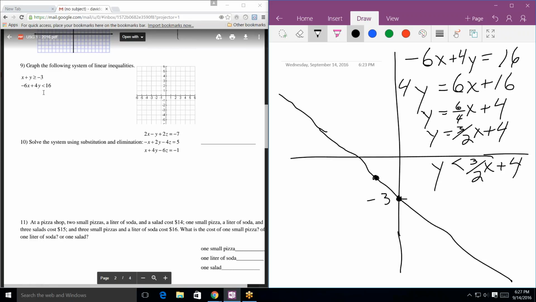So first of all, let's graph the line from this. Where do I start? 4. What next? Then you go up 3/2. Always tell me, when you say over, that's not specific enough. I need left or right. To the right.